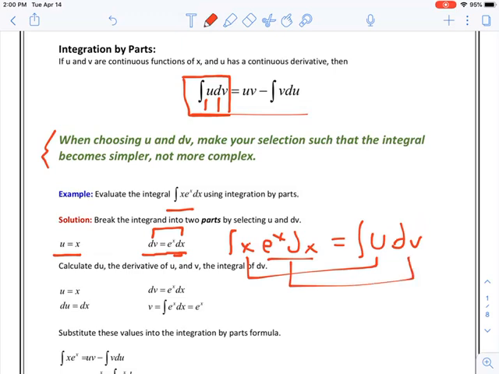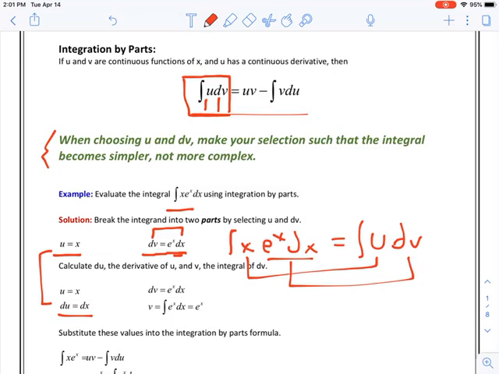It's kind of like substitution. Once we've determined what u and dv are, we need to find the derivative of u. Given u is equal to x, du, the derivative of u, is just 1 dx. So we're going to have that dx at the end of it.